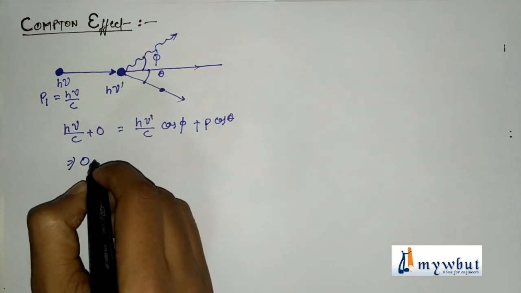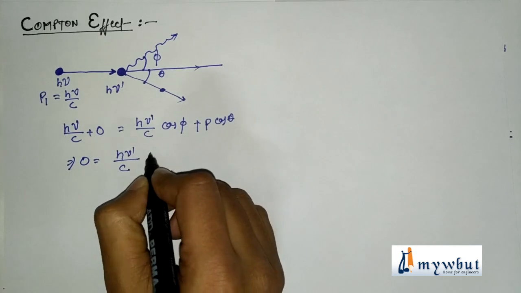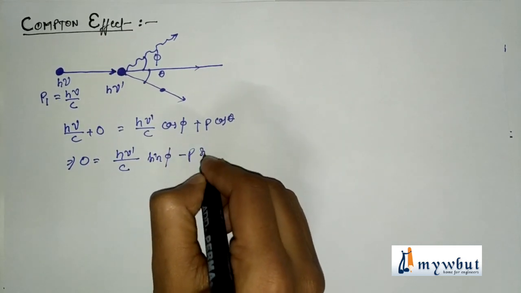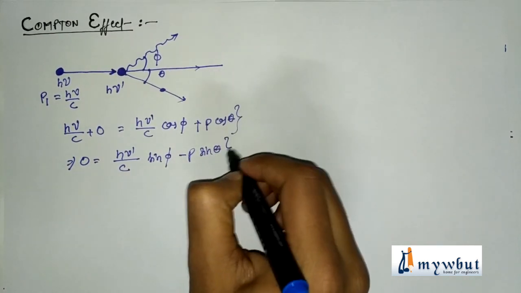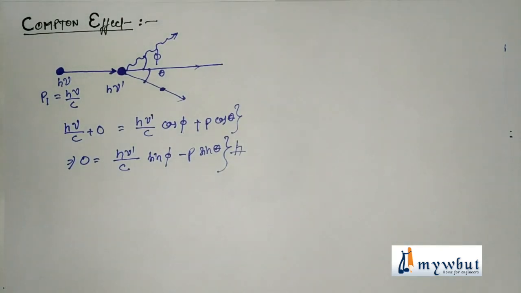And perpendicular to the direction, 0 is equal to h nu dash by c sine of phi minus p sine of theta. This is one equation and this is another equation. Here we consider p as the momentum of the recoil electron.